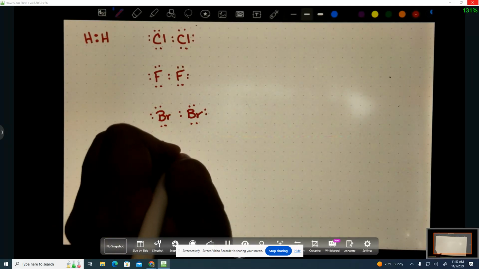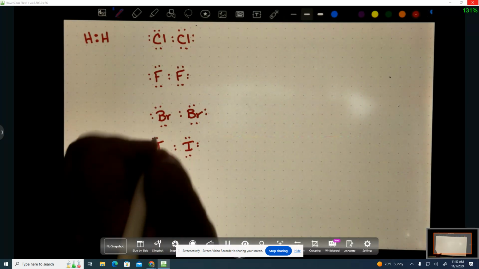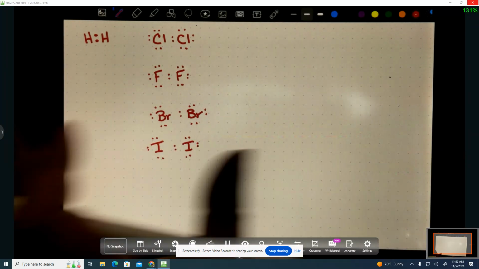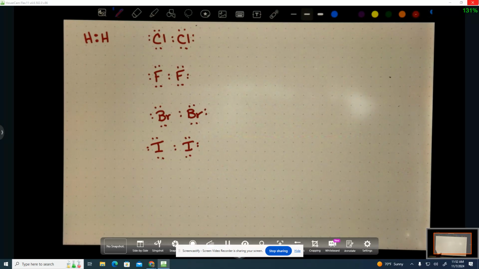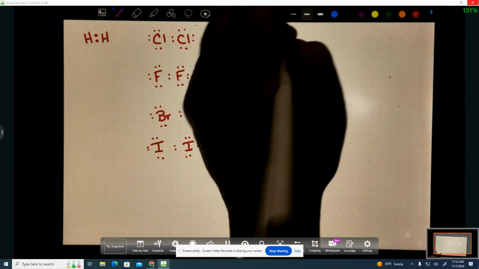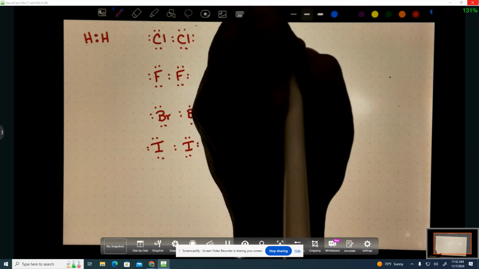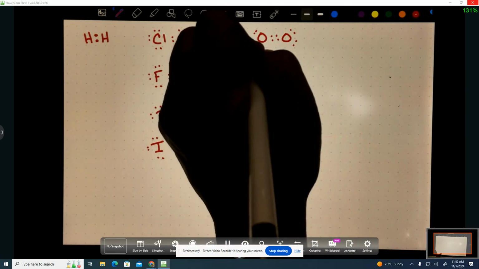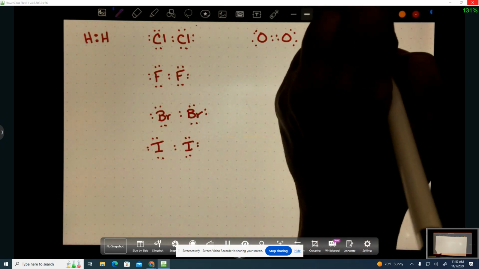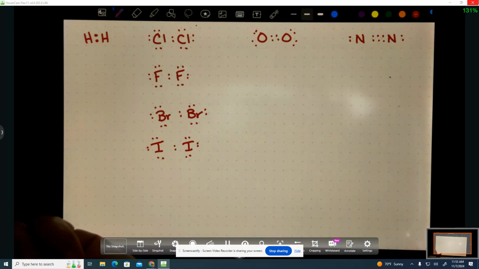And we had iodine to iodine. Those are our single covalent bonds. There's 5 of them. Then we did oxygen. Oxygen had a double covalent bond. And it looked like this. And then we had nitrogen with a triple covalent bond, and it looked like this.